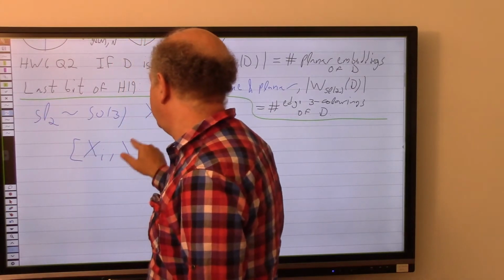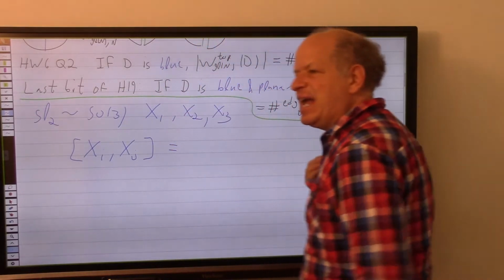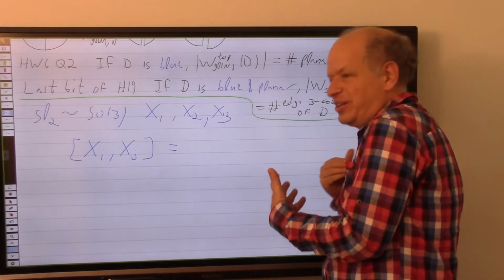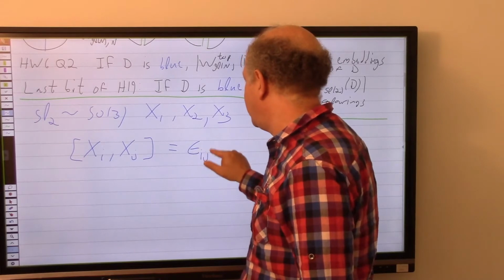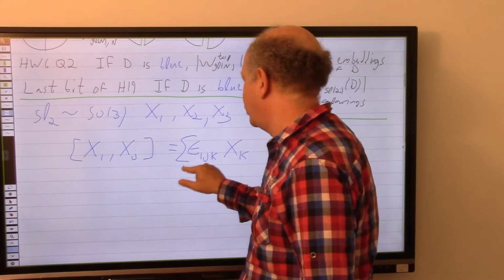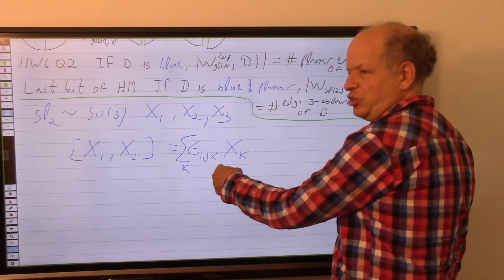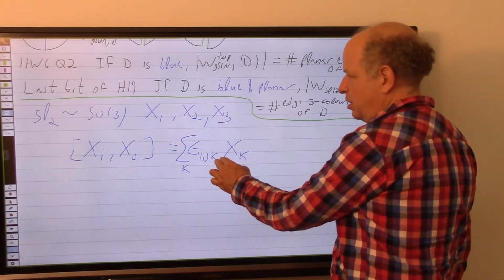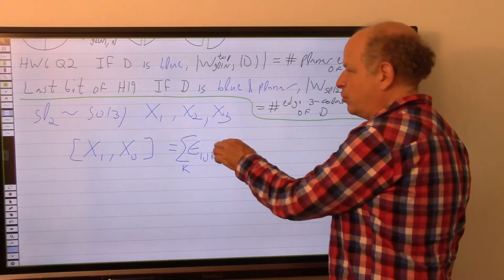Xi commutator with Xj is Xk provided k is the third. So a different way to say it is epsilon ijk Xk, in fact with summation over k, where epsilon is the totally antisymmetric tensor. So if ijk is a permutation, then it's the sign of that permutation, and otherwise it's 0.